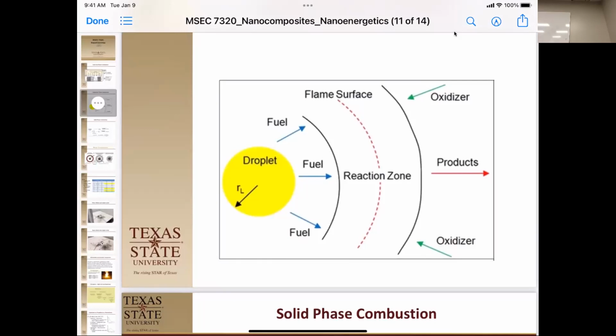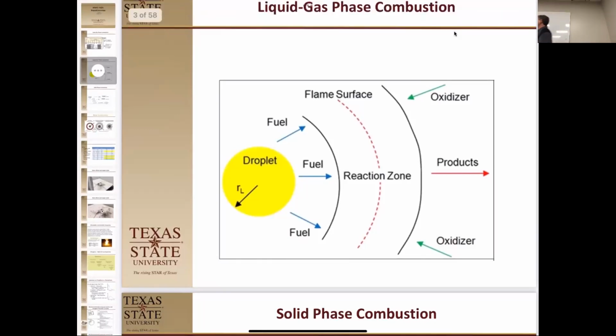It always takes place outside the surface of the droplet. And then, of course, you have your products coming out here. Now, again, one of the things that happens in the reaction zone is you have black body radiation going back to be absorbed by the droplet to help it volatilize even more. So it follows that similar procedure there, okay? So in both of these cases, the oxygen or the oxidizer has to diffuse into the system to cause combustion.